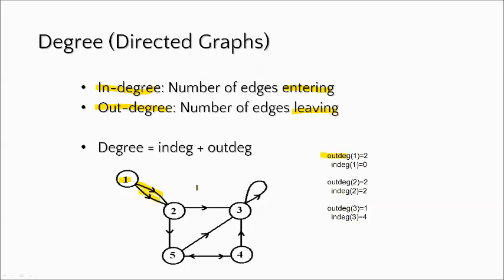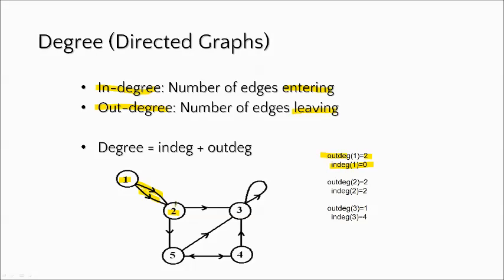I have two outgoing arcs, so that's why I have two here. What about incoming? Do I have any incoming arcs? No. Since I don't have any incoming arcs, I will put 0 for vertex 1. Next, let's check vertex 2.